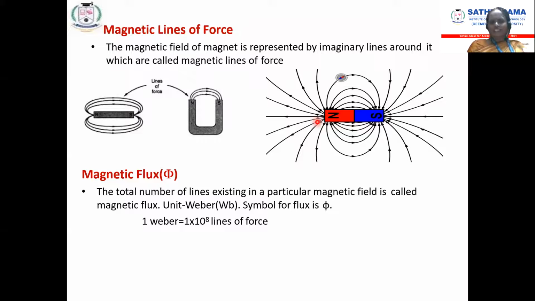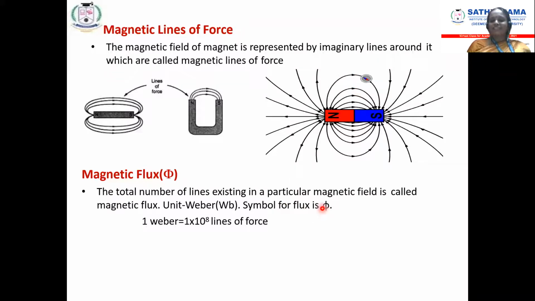Now, what is flux? The total number of lines existing in a particular magnetic field is called magnetic flux. You all know the magnetic flux definition, but you have to understand it.